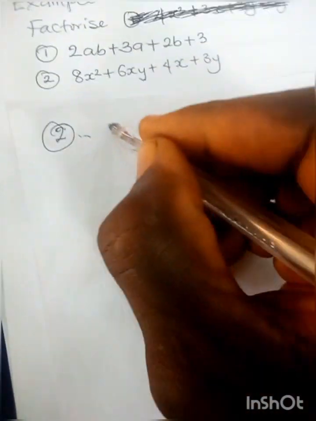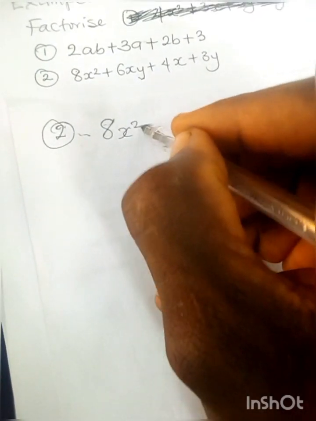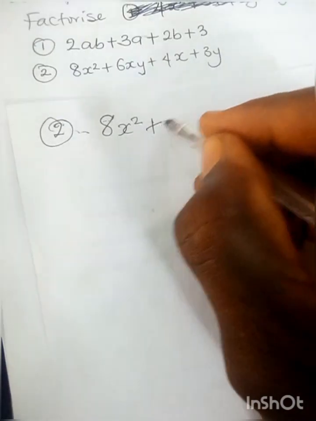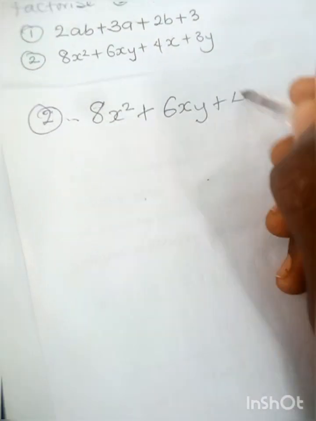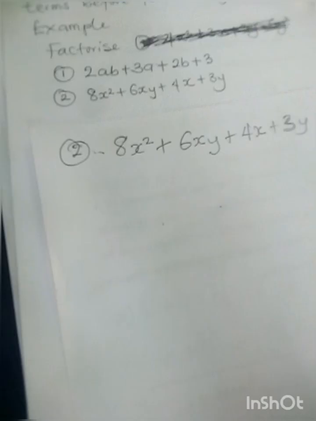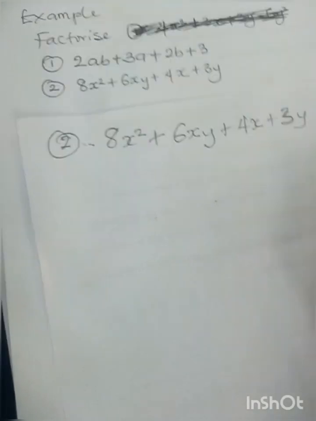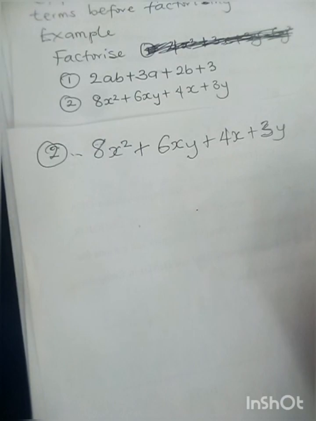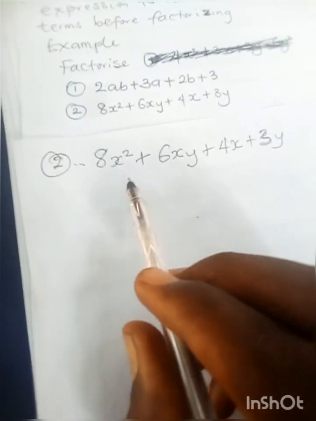Question 2. We now have here 8x squared plus xy plus 4x plus 3y. You get that? Now we can decide to take the ones that have x common.